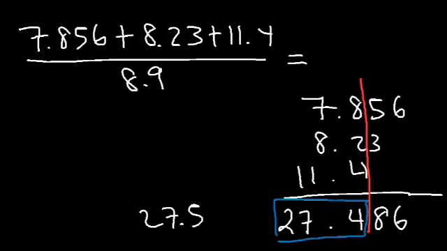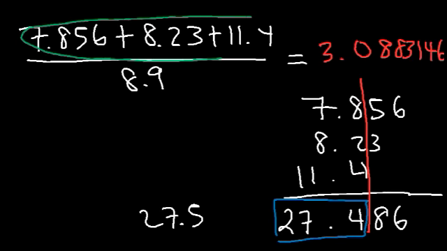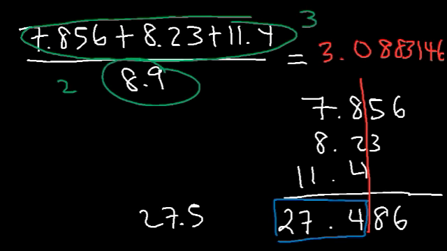To get the exact answer, we're going to take 27.486 and not 27.5. So we're going to divide 27.486 by 8.9. And so the exact answer is about 3.0883146. So after addition, we get a number that has 3 sig figs, and we're dividing it by a number of 2 sig figs.